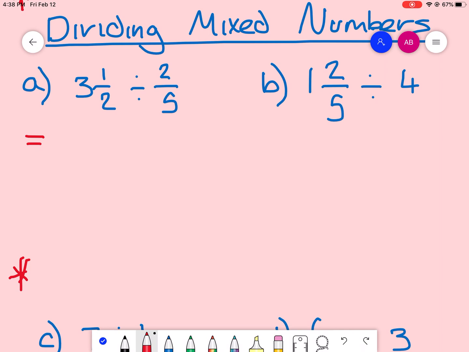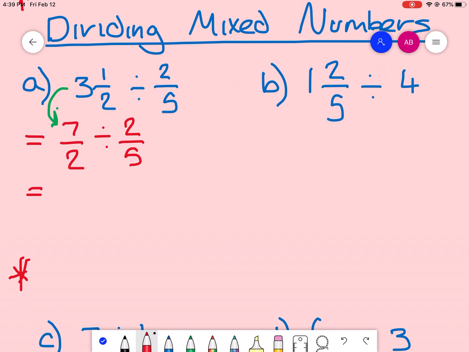So 3 and 1/2 turns into 7 over 2, 3 times 2 plus the 1. Divide that by 2 over 5, and now we can start the division method and calculations. So the first step here was just changing the mixed number into top-heavy.